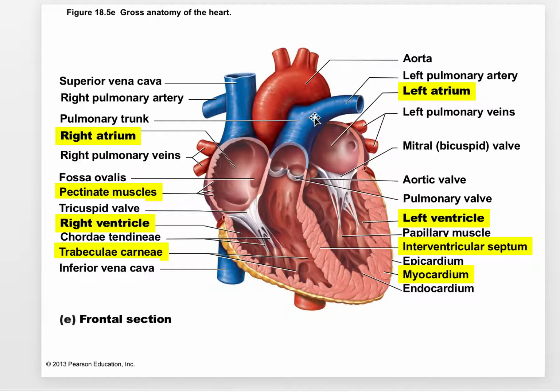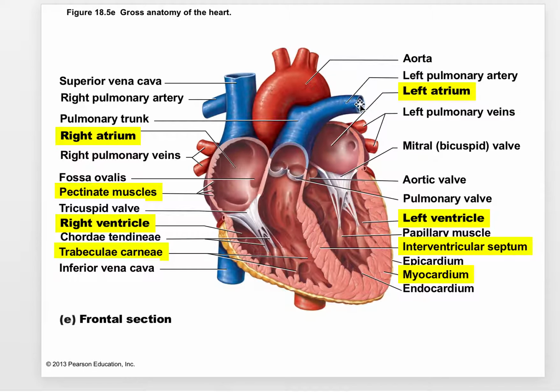This is a pulmonary artery, because the definition of an artery is a vessel that takes blood away from the heart. Now, in the systemic system, that's going to be oxygen-rich blood and be red, not blue. But in this case the blood has been through the body and it's depleted of its oxygen. It hasn't gone to the lungs yet. So on the way to the lungs, this is represented as a blue color, even though it's a pulmonary artery.